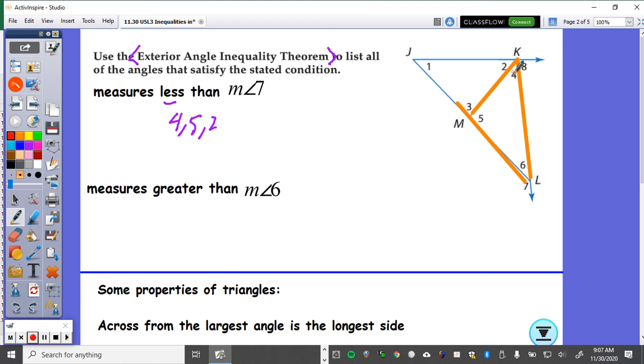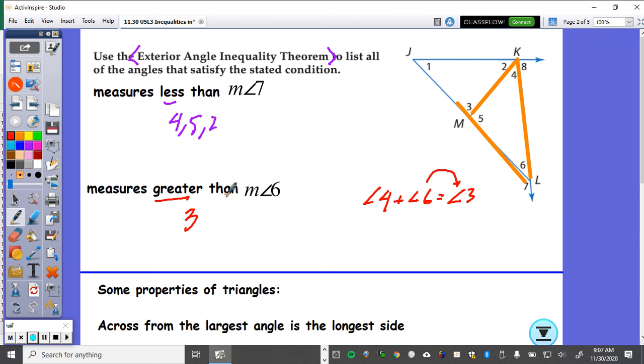Do you guys get this part? That if I said that angle 4 plus angle 6 is equal to angle 3. Do you agree with me on that? Okay. So therefore, if I'm looking for angles that are greater than 6, we've just now shown that 3 is greater than 6. So that's one of them.